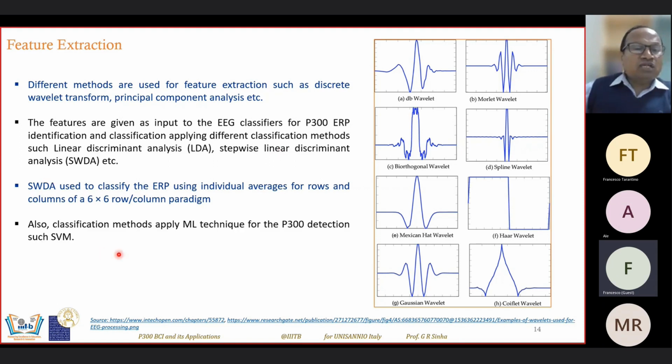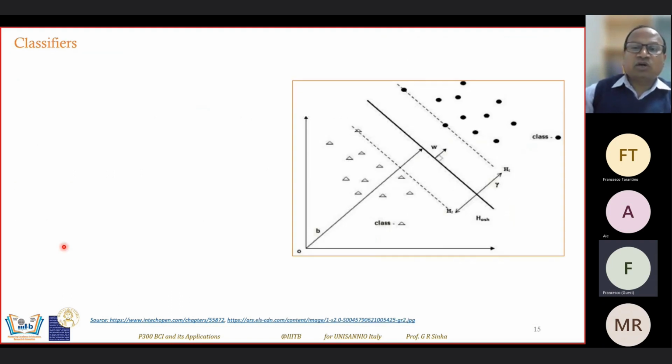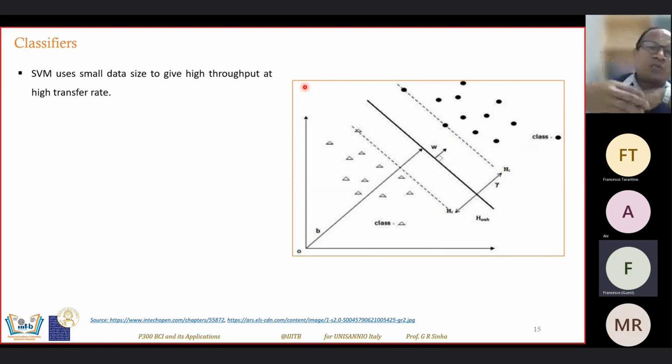We can also use classification methods based on AI/ML techniques, such as support vector machine and so on. You know how a classifier works? It helps to classify the different feature sets or feature vectors into different categories. So you know that one feature vector is corresponding to target, other feature vector is corresponding to non-target.